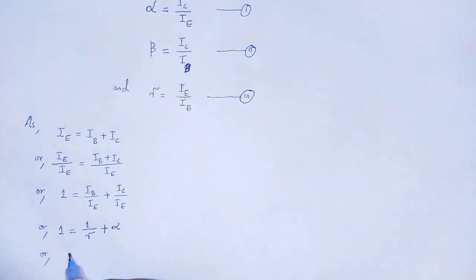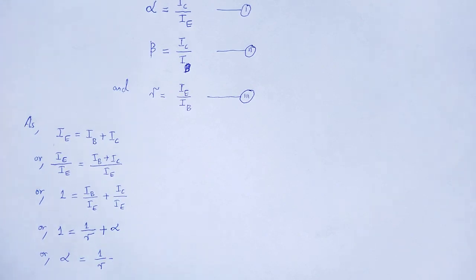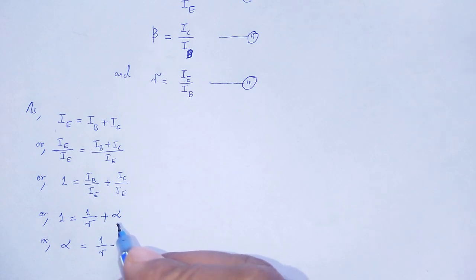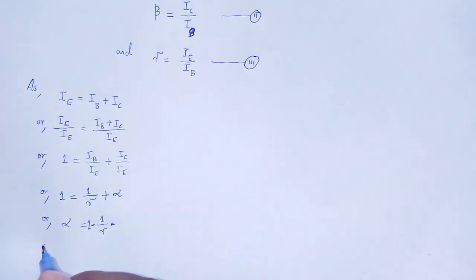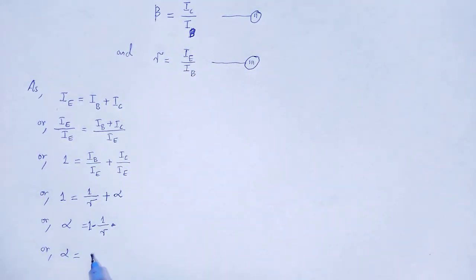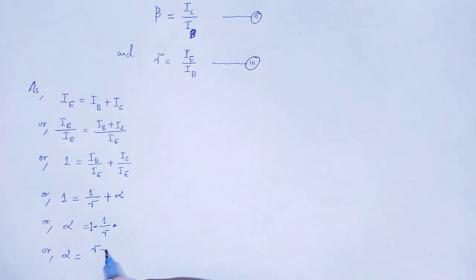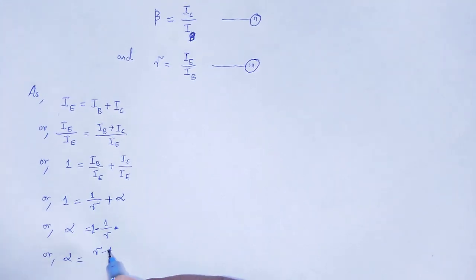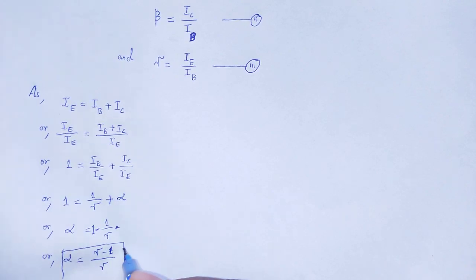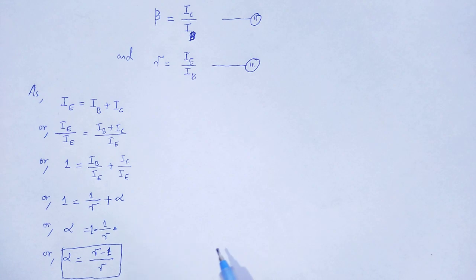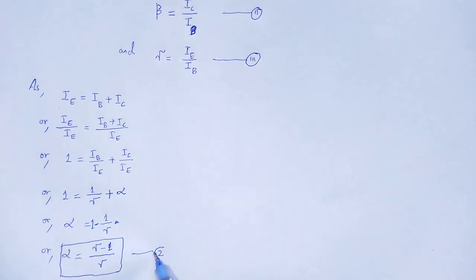So alpha is equal to 1 minus 1 by gamma, or alpha is equal to gamma minus 1 divided by gamma. Equation number 2.